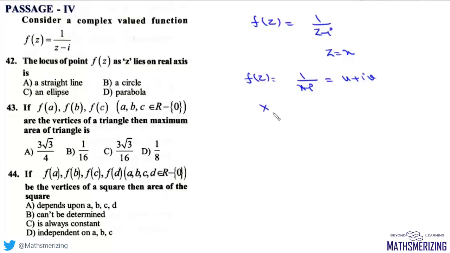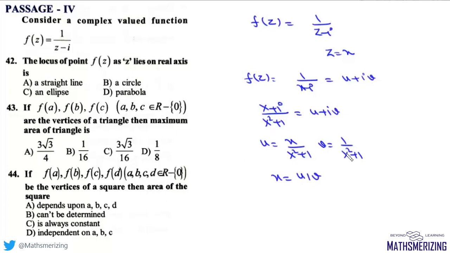Now we can write this as (x plus i) upon (x square plus 1), it is equal to u plus iv. Now u is x upon x square plus 1 and v is 1 upon x square plus 1. So we can write x as u upon v.